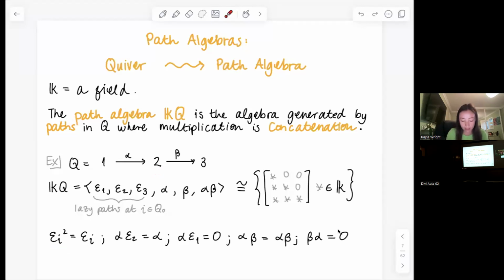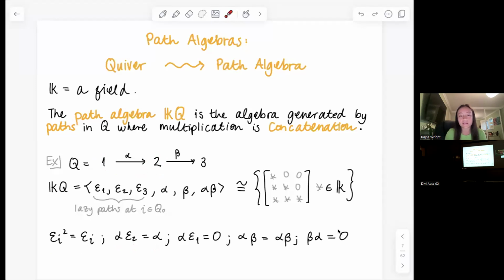If we have that the source of alpha is 1, for example, and the target of alpha is 2, we can think about doing the multiplication alpha times epsilon 2, and that's just the same as doing the arrow alpha.